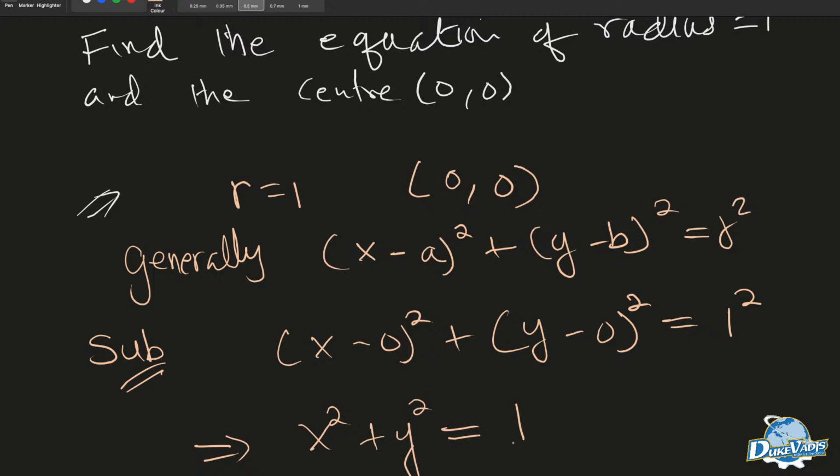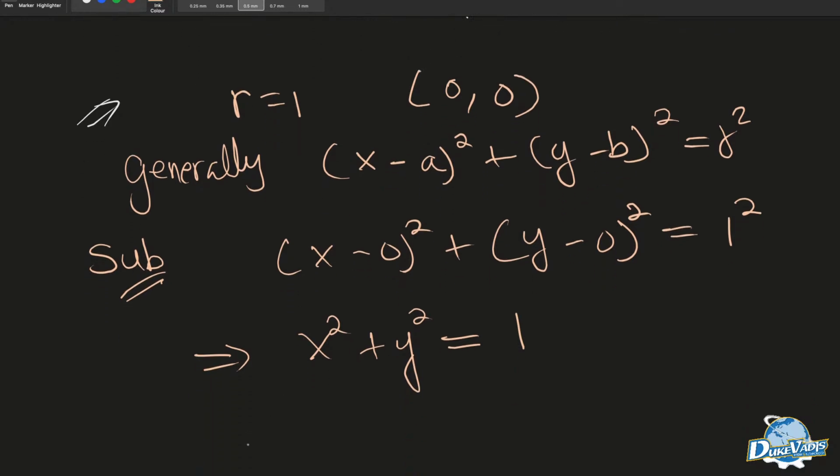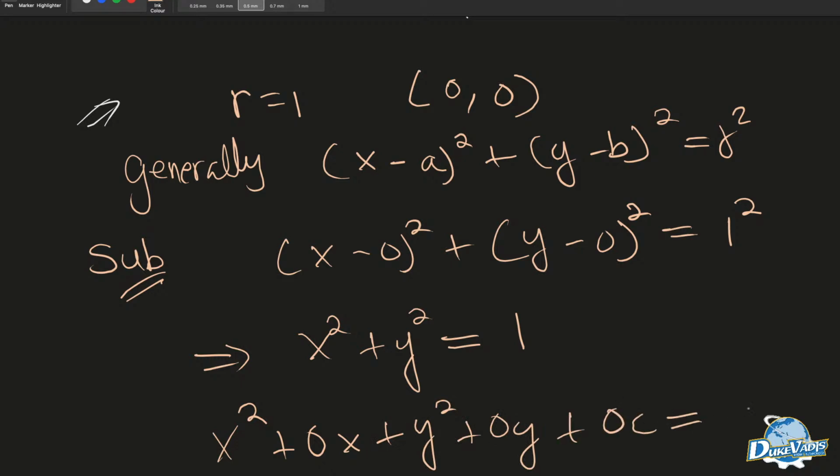So this is also an equation of a circle which has a center 0, 0, and the radius equal to 1. This same equation can be written this way: x squared plus 0x plus y squared plus 0y plus a 0 constant is equal to 1.